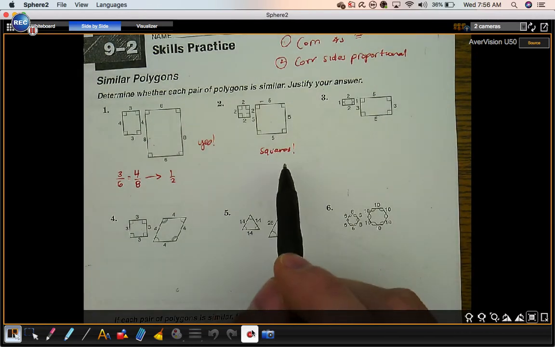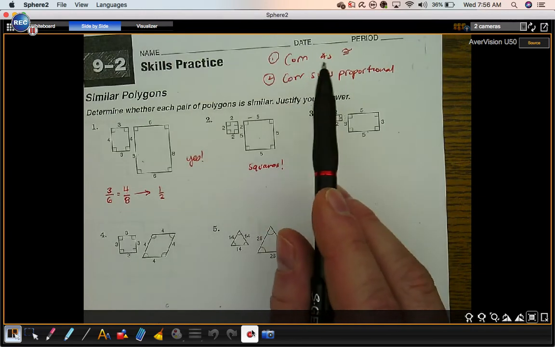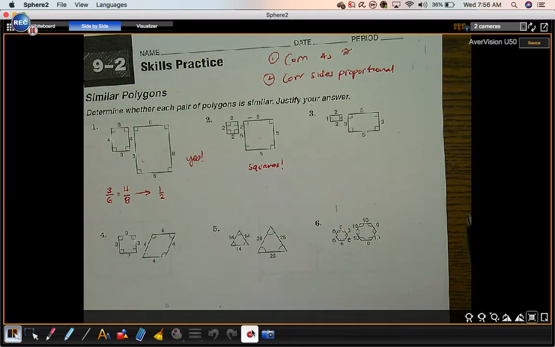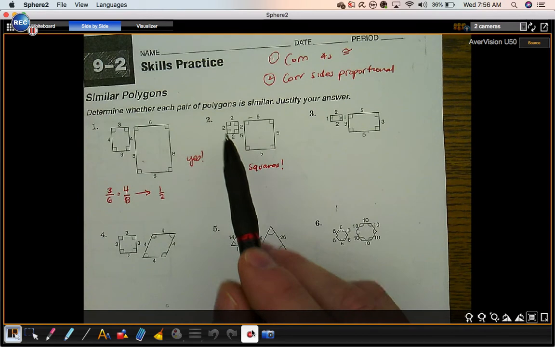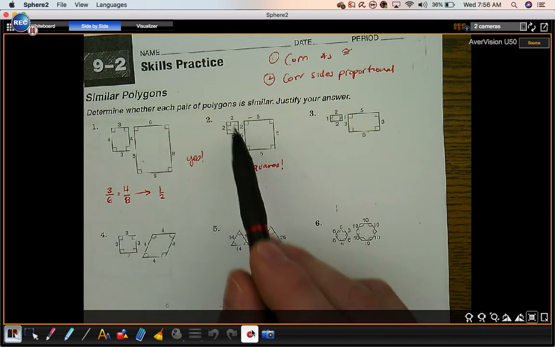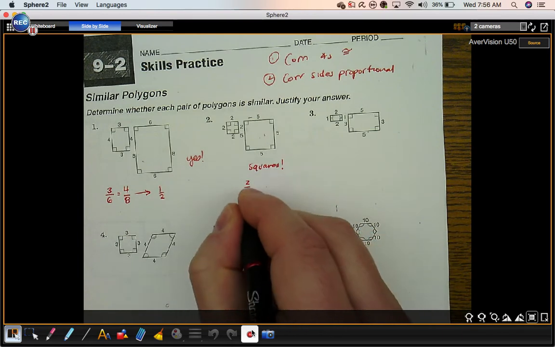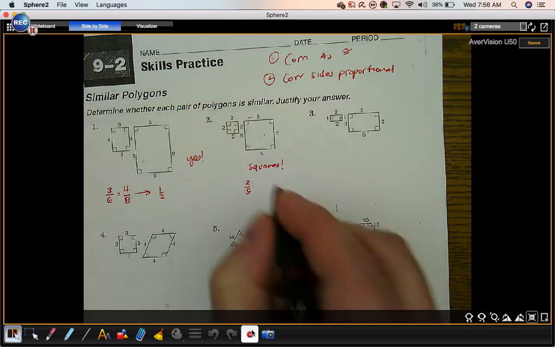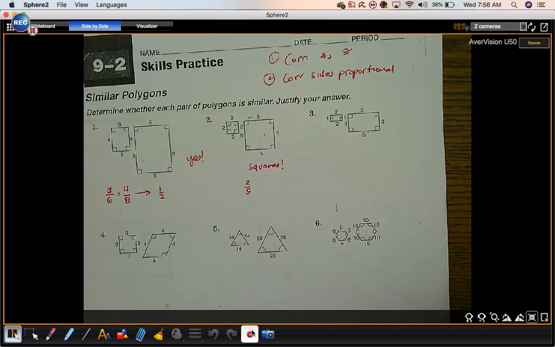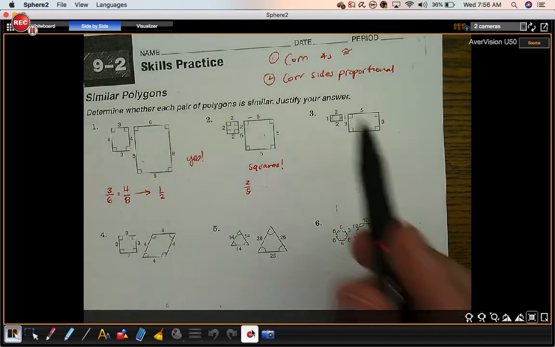If they're squares, then obviously you know the corresponding angles are congruent. They're all 90. If they're squares, notice how all of these sides are 2. All of these sides are 5. So when you compare all of the sides, you're going to get 4 ratios of 2/5. So of course they're similar.